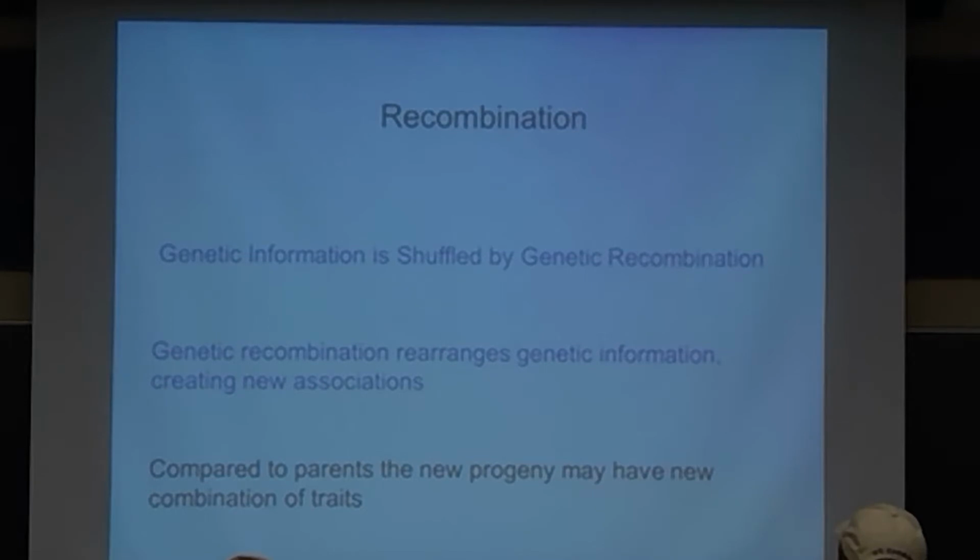So compared to the parents, the progeny may have new combination of traits. You have same DNA sequence, but they are reshuffled, correct? They are at different positions. So position in the genome has a significant impact on how it functions. It's not only the DNA sequence.